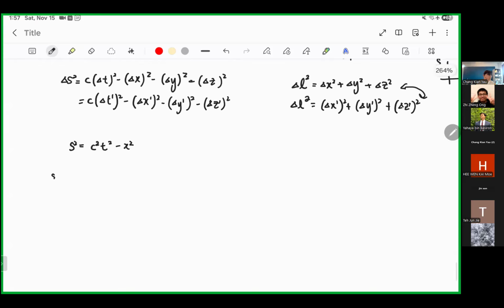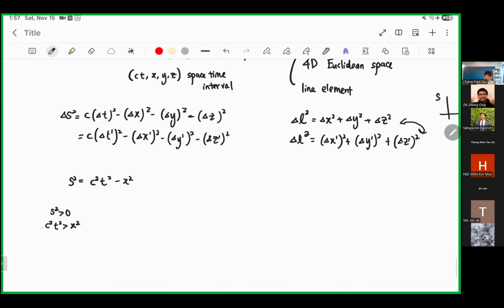The first case is s squared larger than 0. What it means is that c squared t squared is larger than x squared. We will call this the time-like separation.